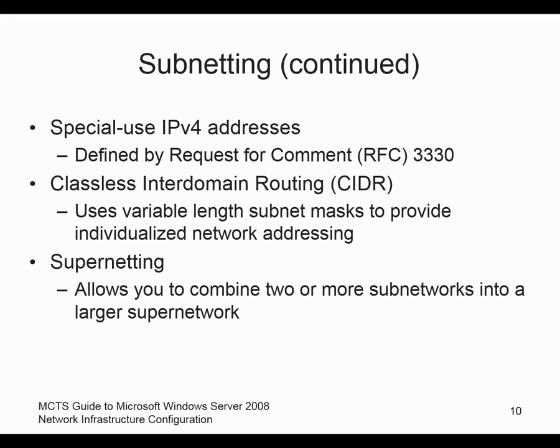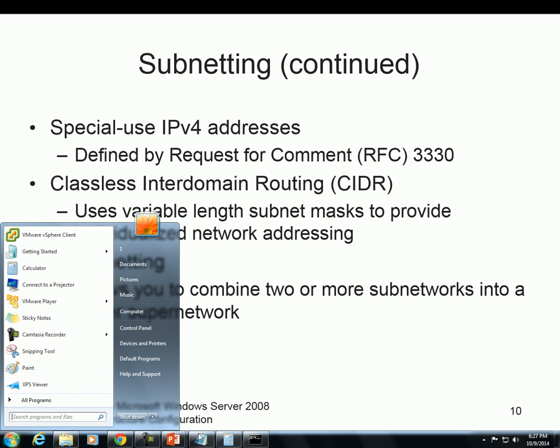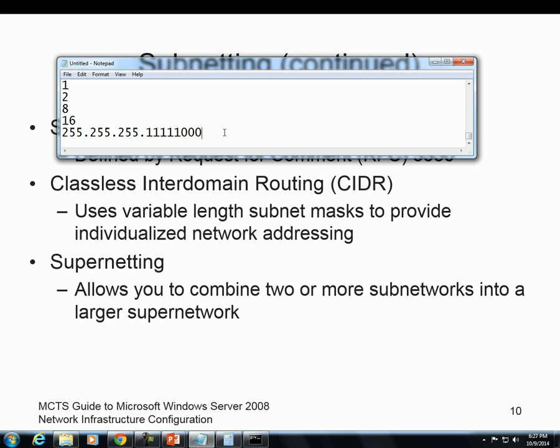Okay, so we know there's some special use addresses we talked about. There's something called classless interdomain routing. Okay, let me show you how that works. This is my subnet mask I used a minute ago. How many ones are in 255? 8. Okay, so how many ones are in the second 255? 8. How about the third one? 8 again.